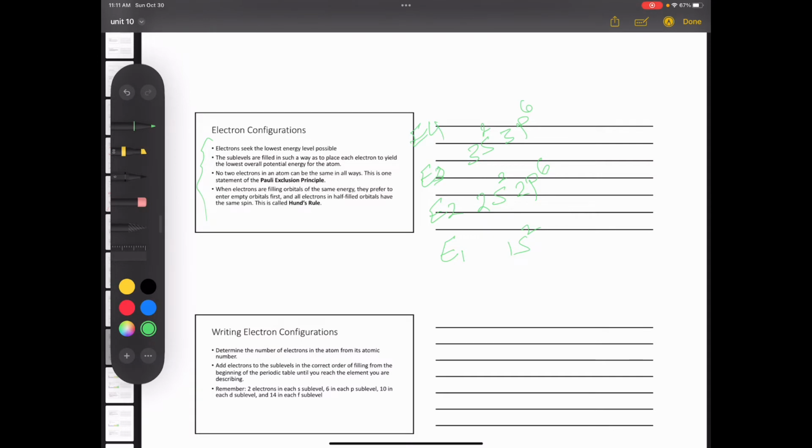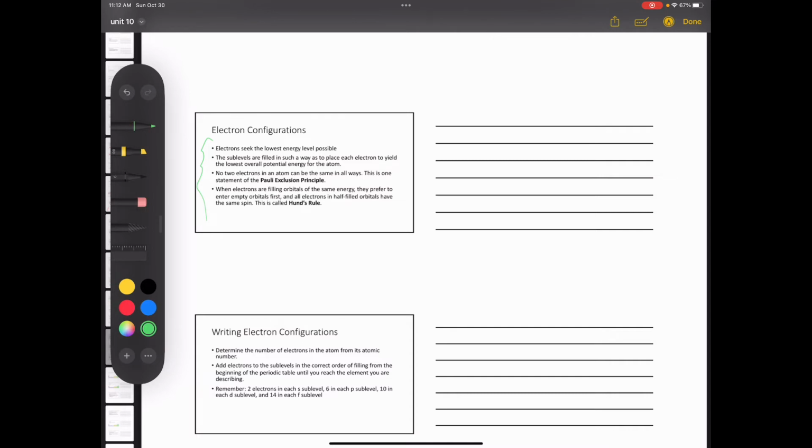So we always start with the lowest energy level possible, because low energy means a stable state. That's why the electron prefers a lower energy level. That is also connected to the potential energy, because as I said earlier, the higher you go in the energy levels, the higher the potential energy is.